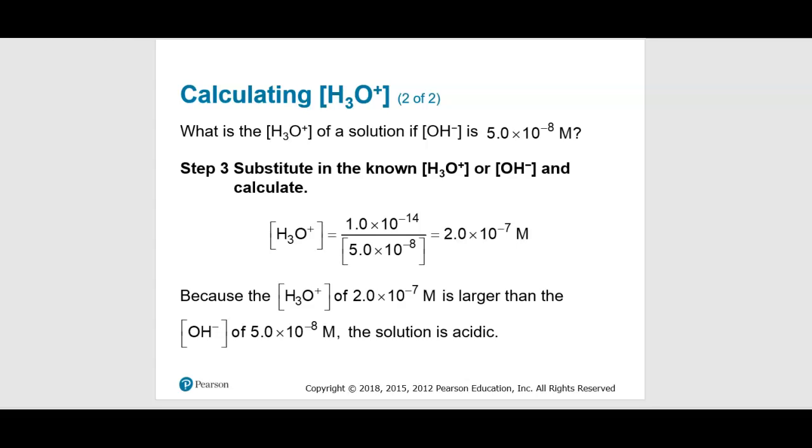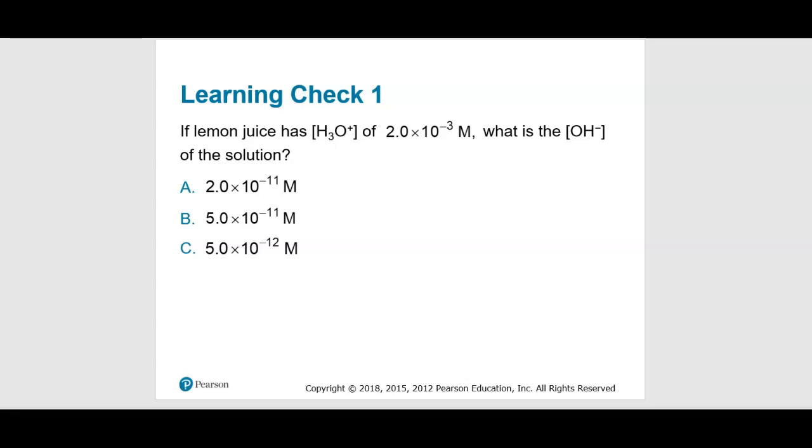It's a little bit higher, so it's a little bit acidic. It's an acidic mixture. So you have to look at that, and since you have higher than 10 to the minus 7th molar, you have 2 times 10 to the minus 7th molar, it's an acidic solution. So that's what you're looking for.